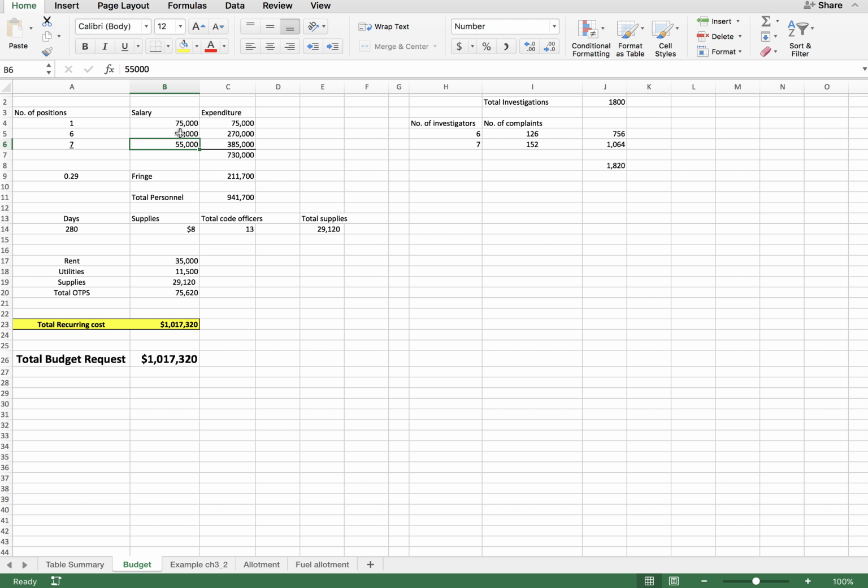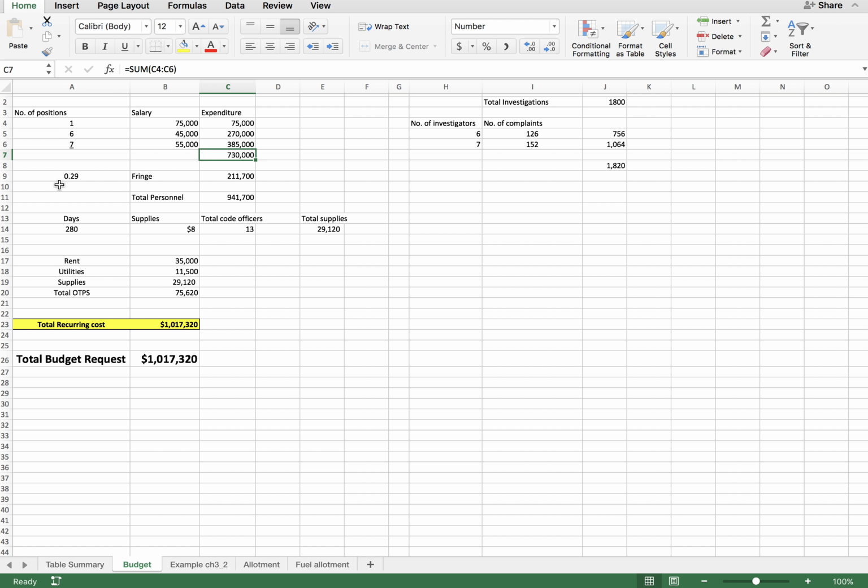I multiply that by six, and I get $270,000 for six junior officers and $385,000 for seven senior officers. These two salary dollars, based upon my number of positions, including the supervisor at $75,000, give me a total of $730,000 for my salaries.